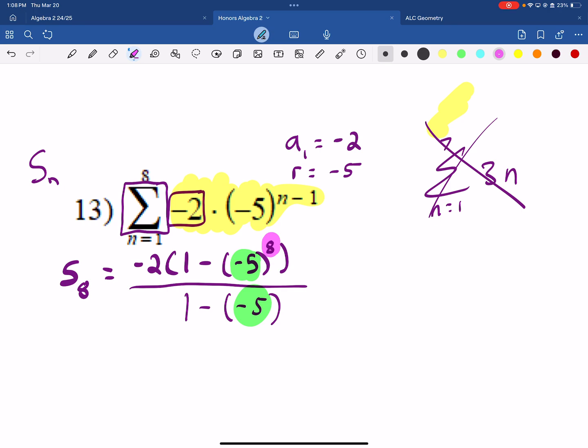Negative 2 times 1 minus negative 5 raised to the 8th.